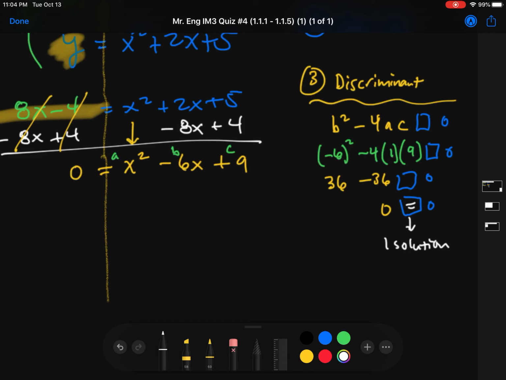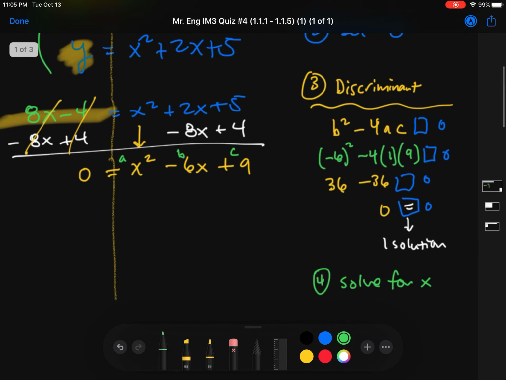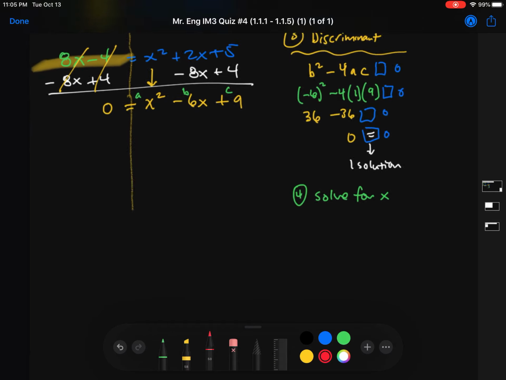So now, let's do our next step. Let's go ahead and solve for x. What are the ways of solving for x here? Well, it's a power of 2, so you're going to have to use quadratic formula, factoring, or graphing, and I'm going to go ahead and try to solve this by factoring.